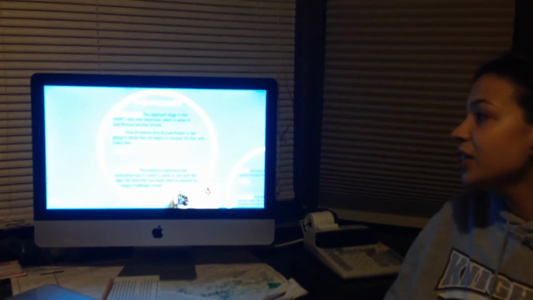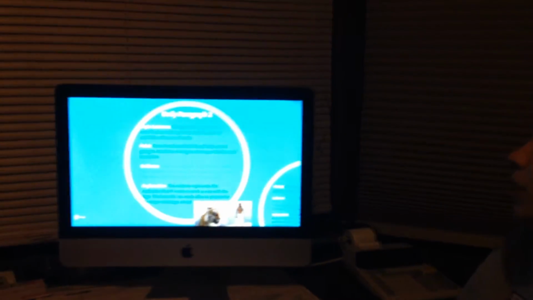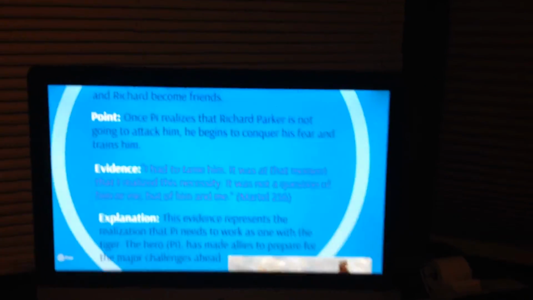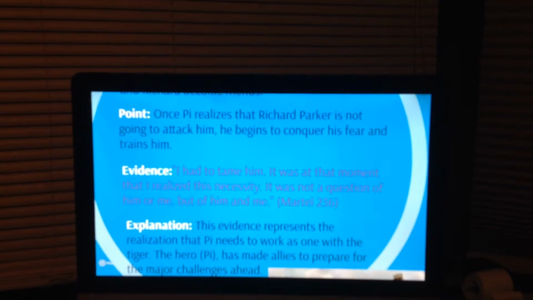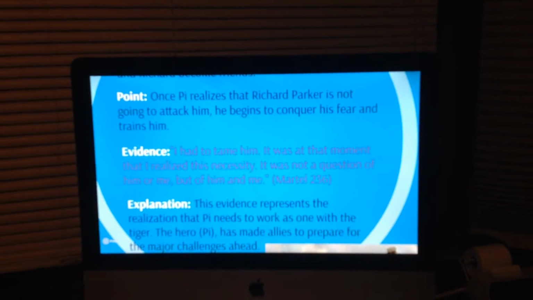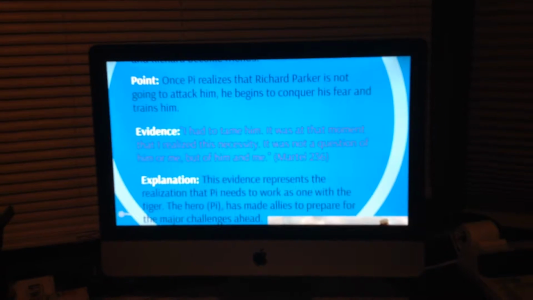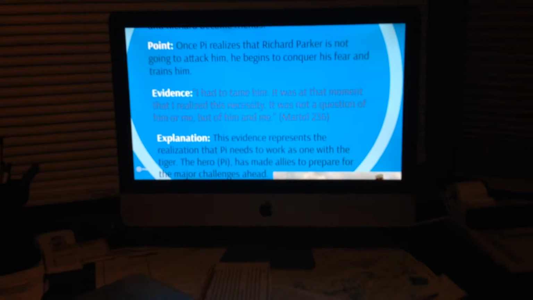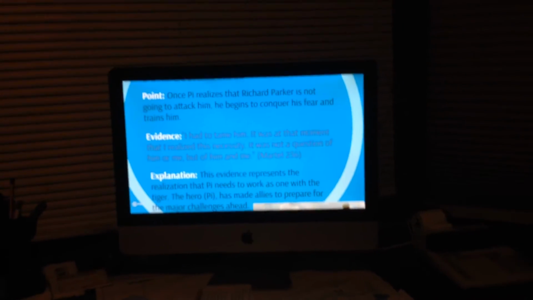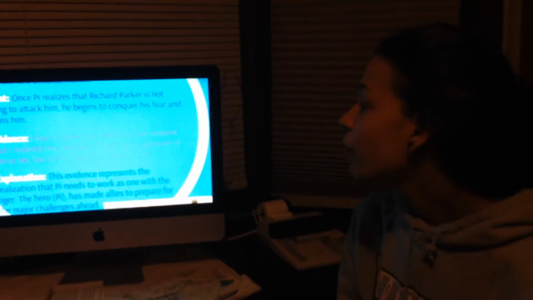The approach stage in this novel is also very important, which is when Pi and Richard Parker become friends. Once Pi realizes that Richard Parker is not going to attack him, he begins to conquer his fear and he trains him. The evidence that I found in this book was on page 236.